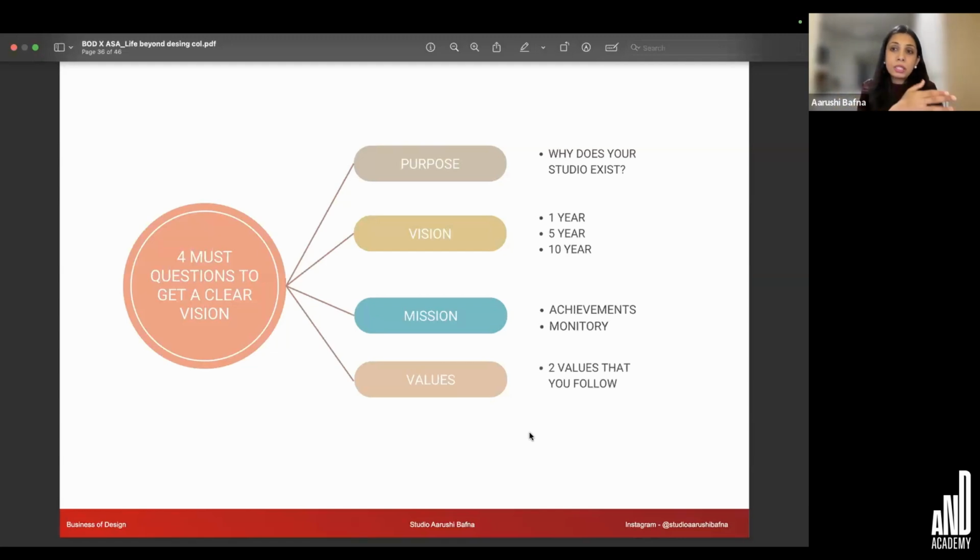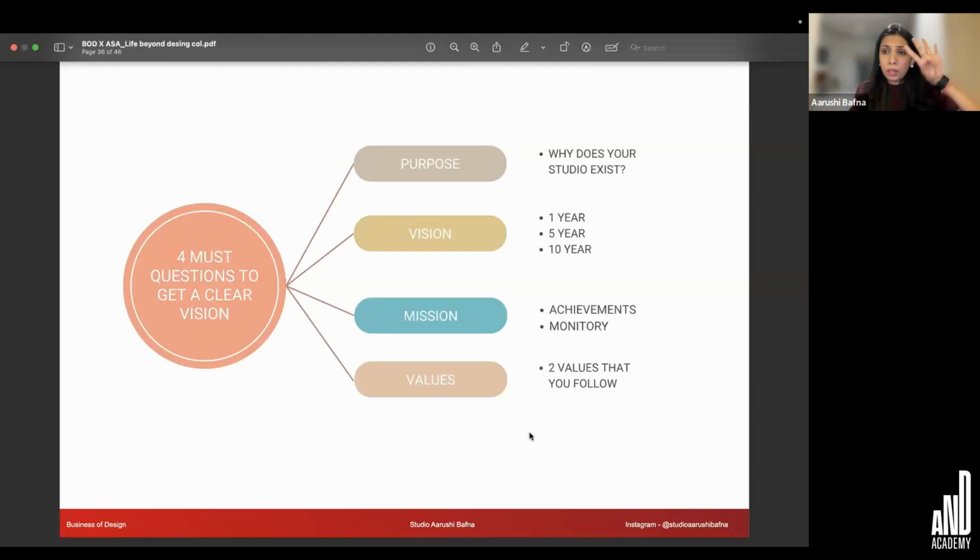Go back and actually research successful designers in the industry, and you will realize everybody has always spoken about that one value they always stick to. For example, for an interior designer, it could be not taking commission or giving an absolutely transparent breakup to the client or anything and everything.